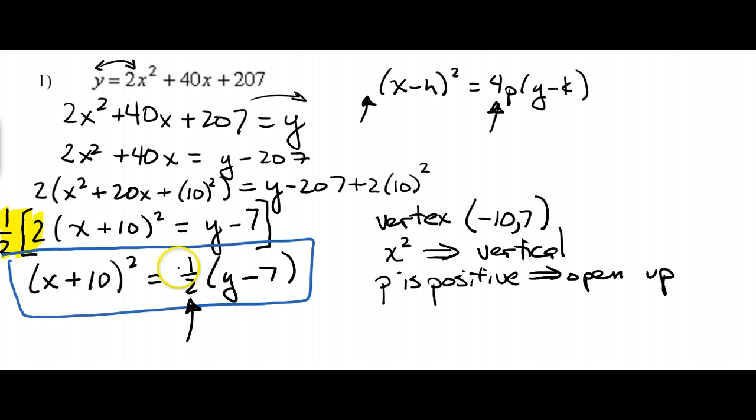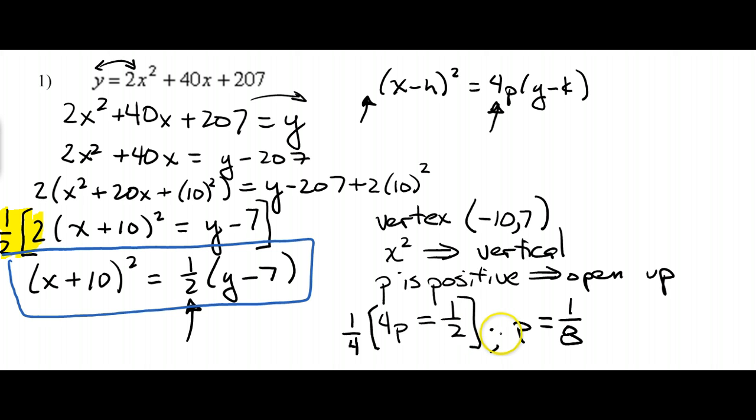And again, this 1/2 is actually 4p, so I know that 4p is equal to 1/2. So if I multiply through by 1/4, the 1/4 times the 4, we just end up with p, and 1/4 times 1/2 is 1/8.